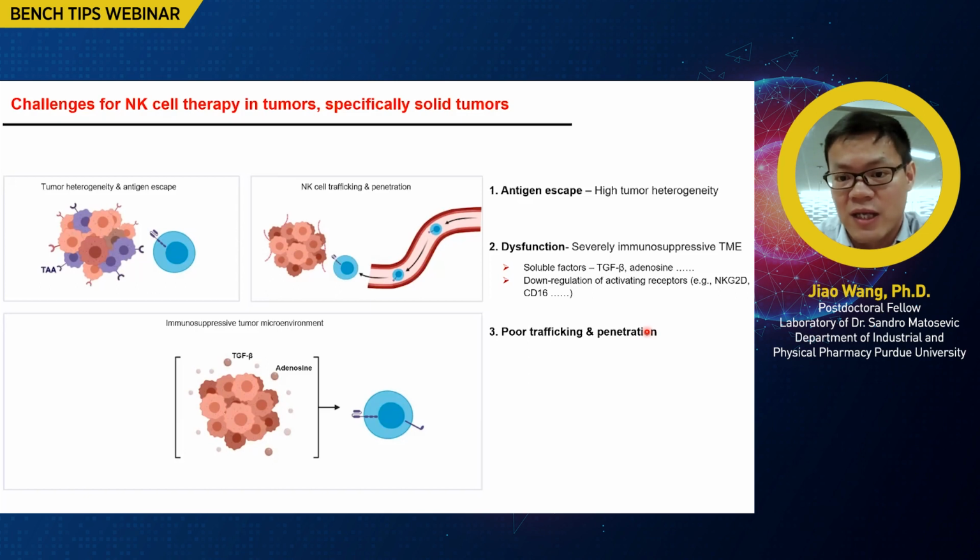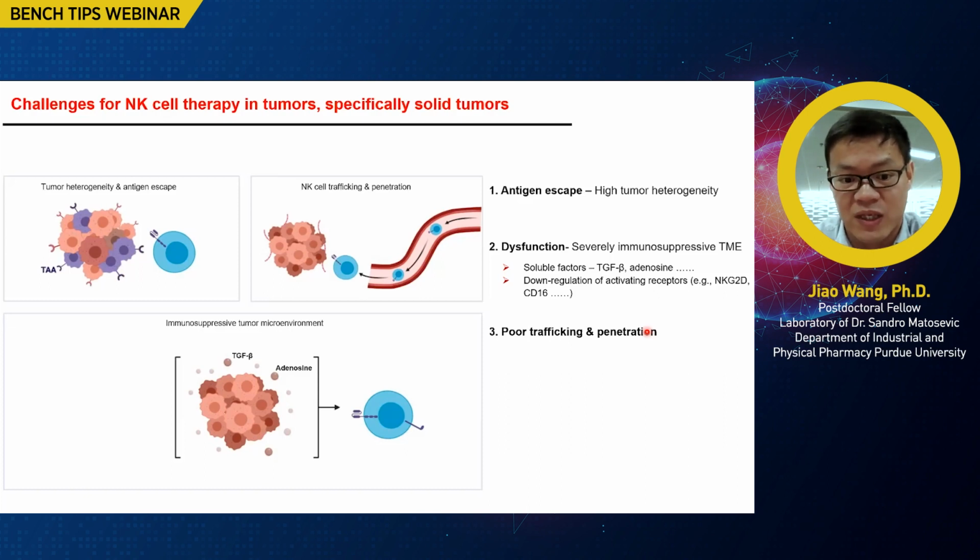First is antigen escape due to high tumor heterogeneity. The second is dysfunction due to a severely immunosuppressive tumor microenvironment, such as tumor cells secreting a lot of soluble factors, including TGF-beta and adenosine. Meanwhile, they downregulate activation receptors, such as NKG2D and CD16. The final part is poor infiltration and penetration.